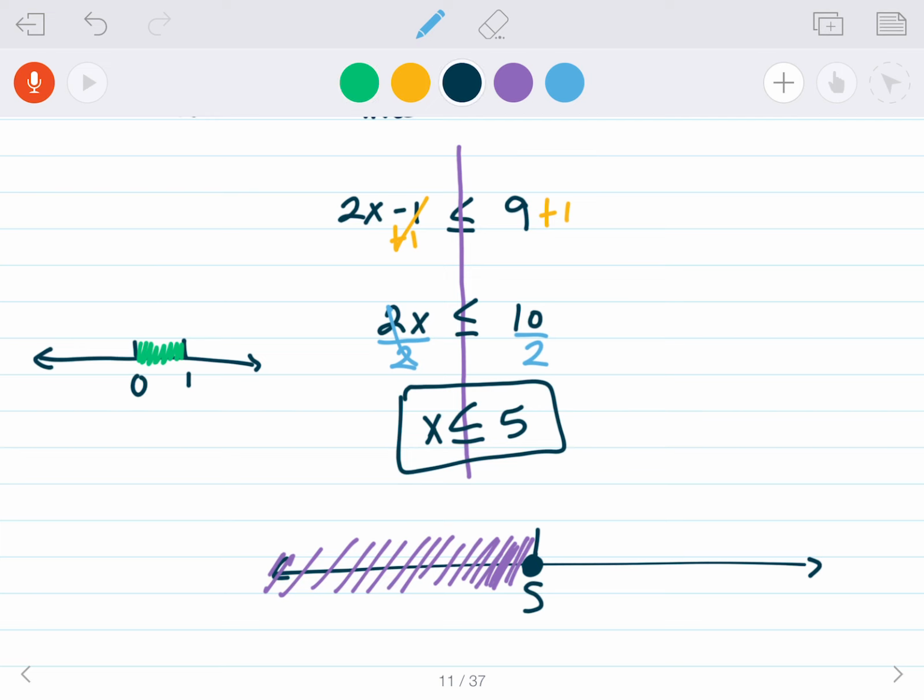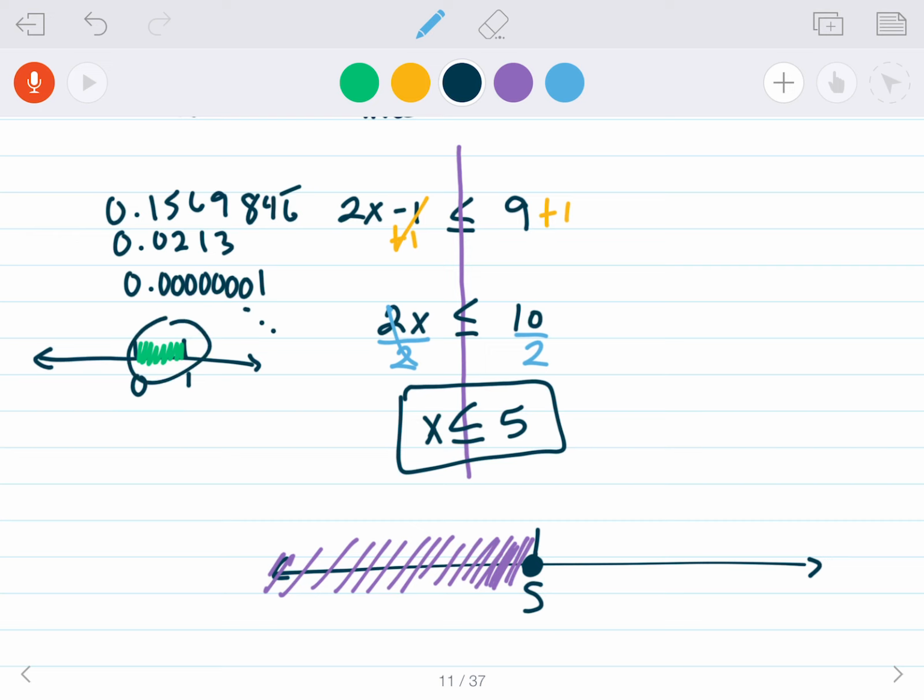Think about 0.000000001. Think about 0.0213. Think about 0.1569846 repeating. I don't know. There's infinitely many numbers in this tiny little interval. It's pretty mind-blowing.